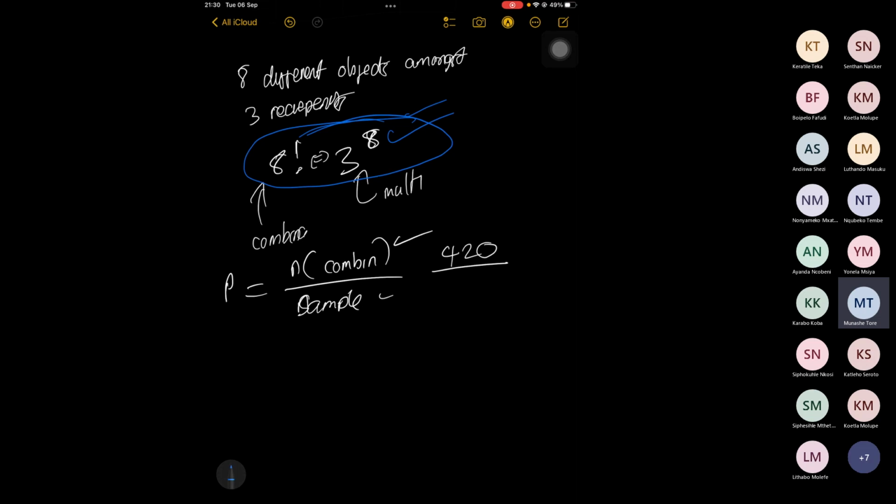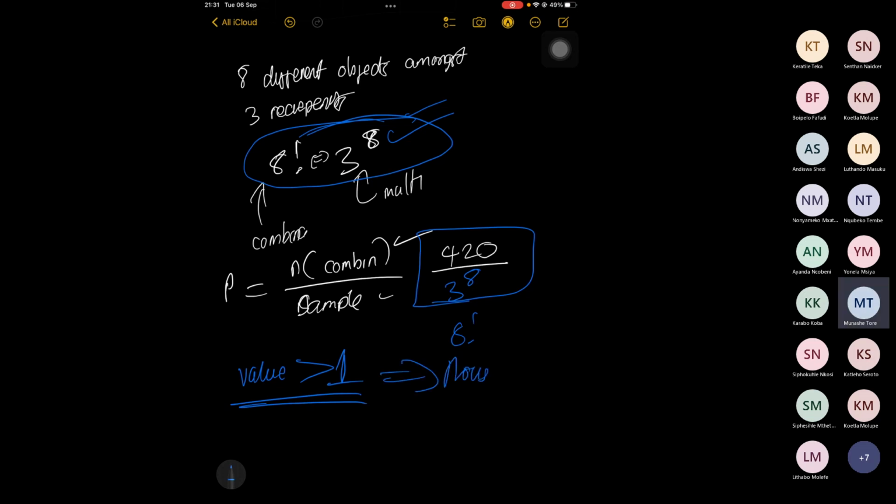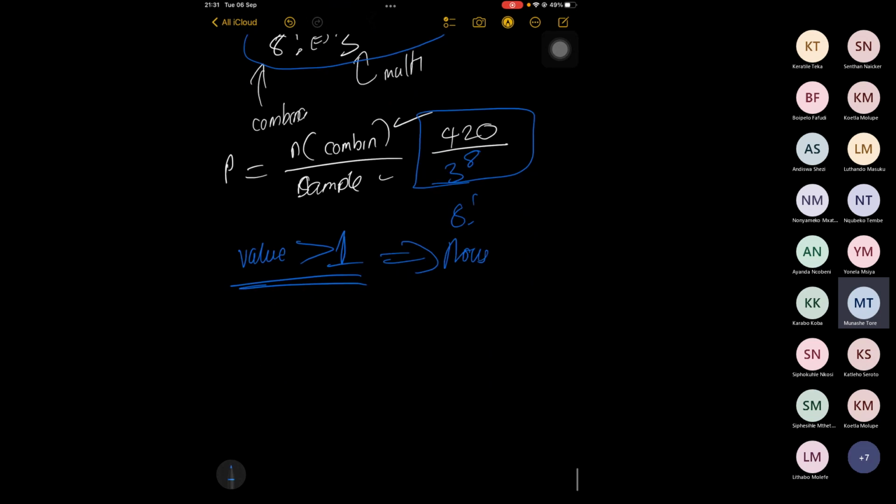So you actually use both of them. Maybe this one is going to be 3 to the power 8, then the other one is going to be 8 factorial. When you compute these, normally what I saw is there's definitely one answer that's wrong, and that wrong answer will give you a value that is greater than 1. This is where you get thousands of probability. So the moment you do that, you know very well that your answer is wrong.